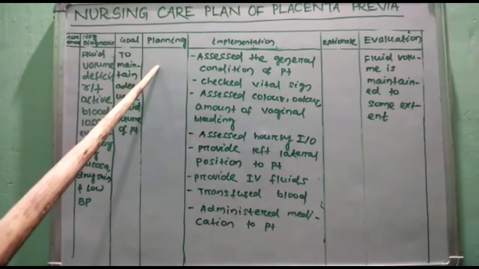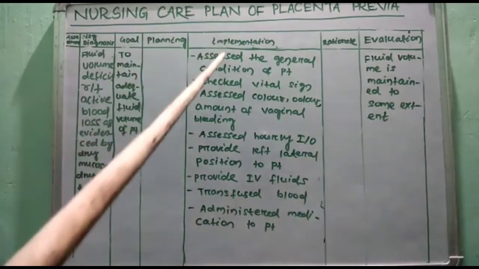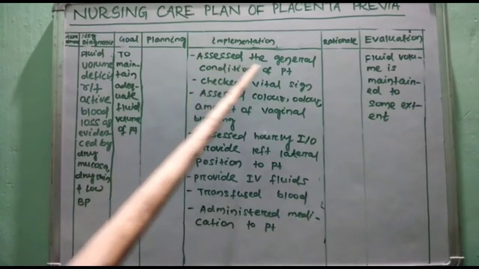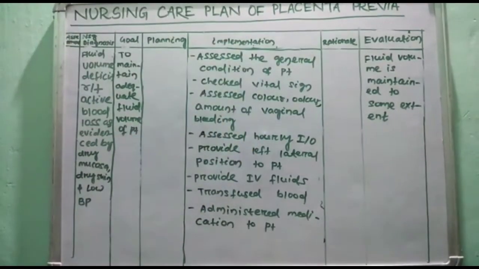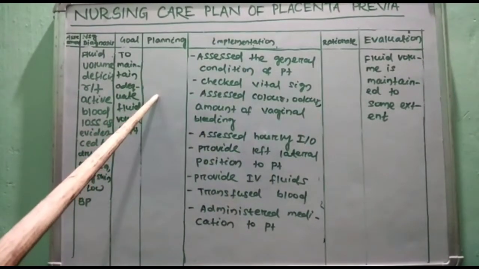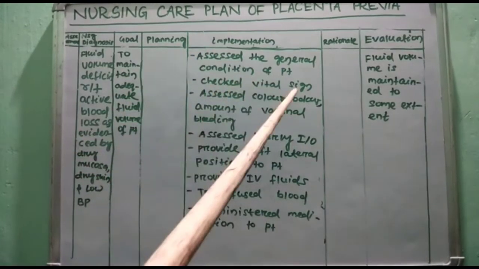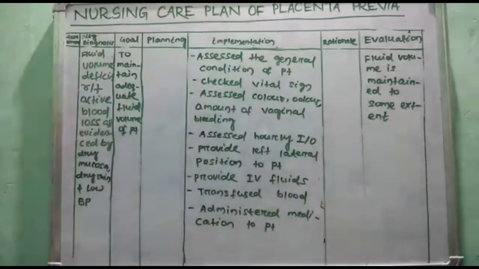Here planning is the general condition of the patient to be assessed. Implementation is assess the general condition of the patient. Rationale is to know the contributing factor. Then next planning is vital signs to be checked. Implementation is check the vital signs. Rationale is to know the baseline data of the patient.